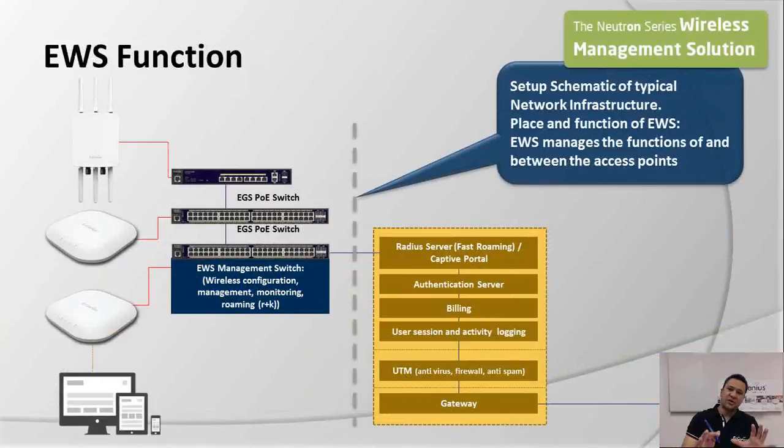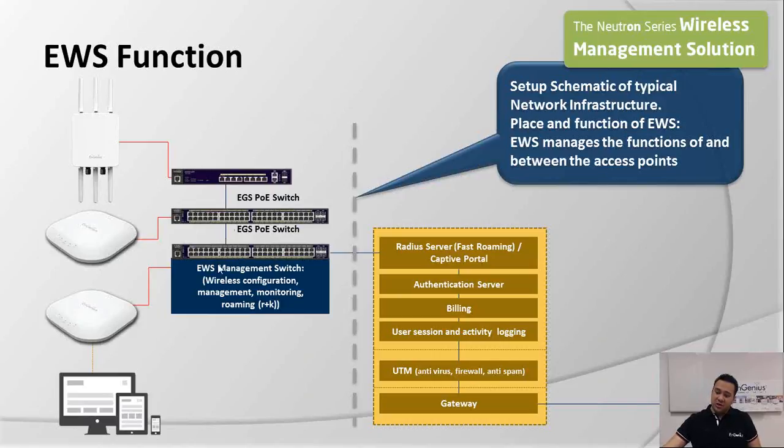Well, the function of our EWS solution in the total network. The EWS Series is a managed access point solution where an EWS switch manages the function of the access points in a central place. So the main functions in our EWS systems are auto discovery, provisioning, wireless configuration, monitoring, and controlling of the access points. As you see here in this slide, I made a drawing where I position our EWS switches.